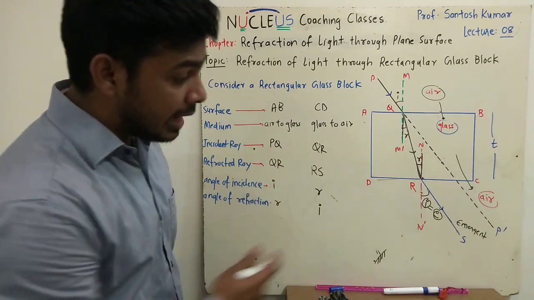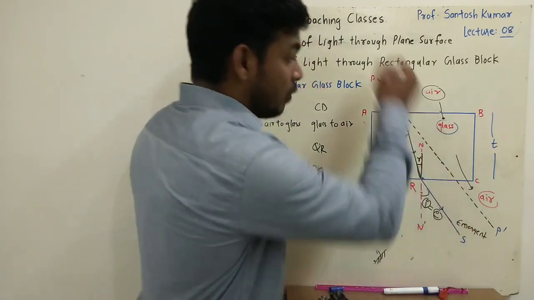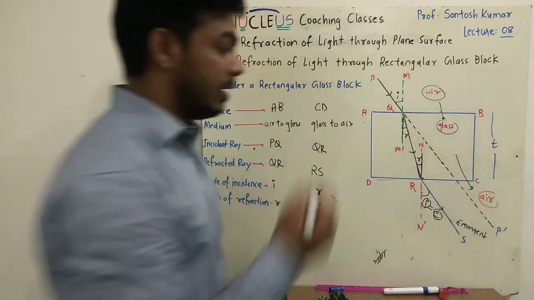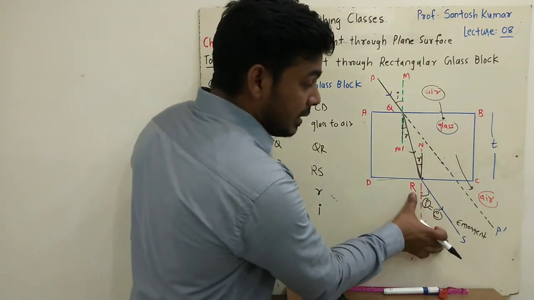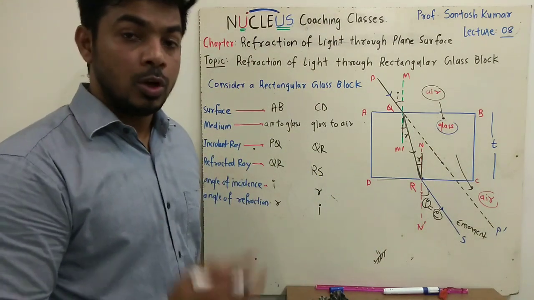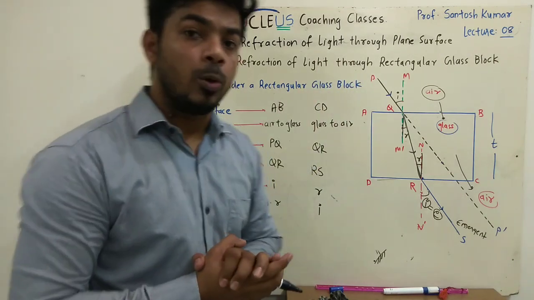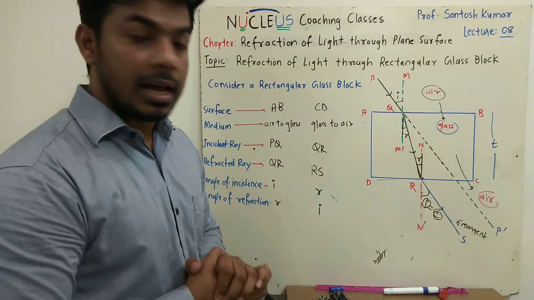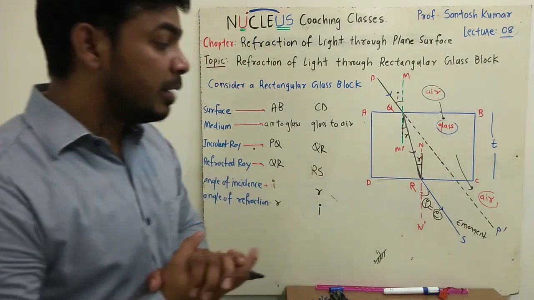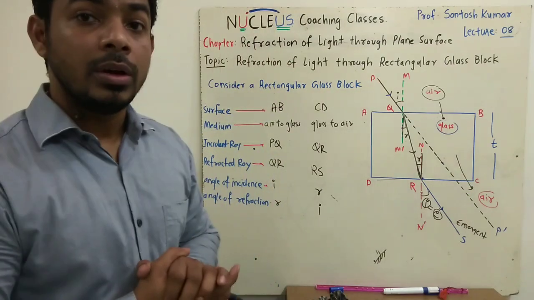We can also see that the emergent ray RS is in the direction of the incident ray PP dash. That means the emergent ray and the incident ray are parallel to each other. So we draw two conclusions from this case. Whenever a ray of light passes obliquely through a rectangular glass slab, the angle of emergence will be equal to angle of incidence, and the emergent ray will be parallel to incident ray.